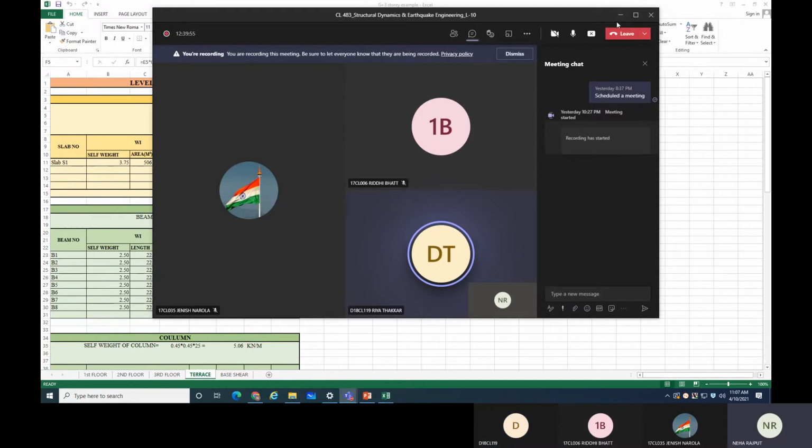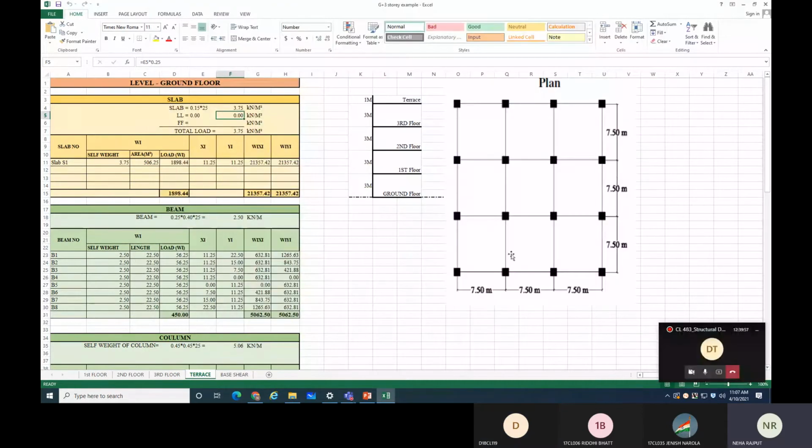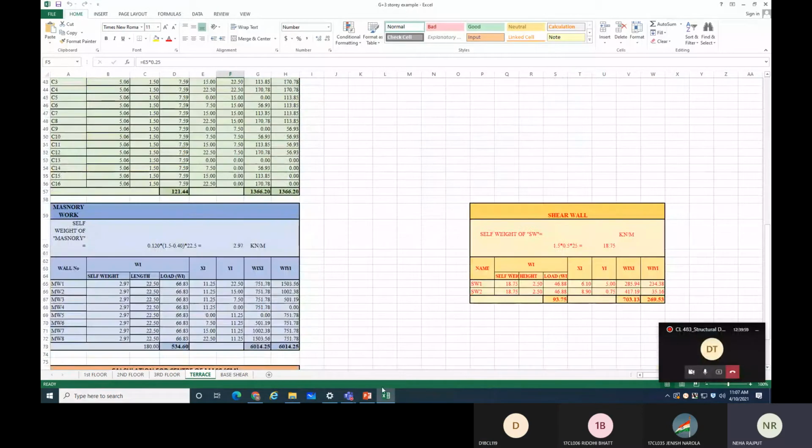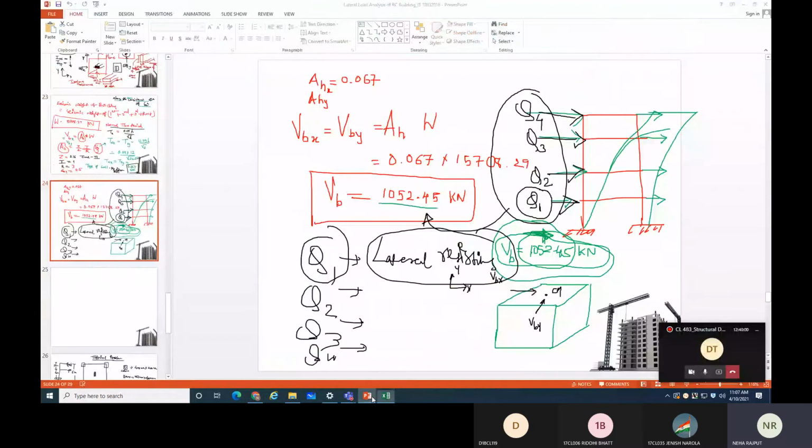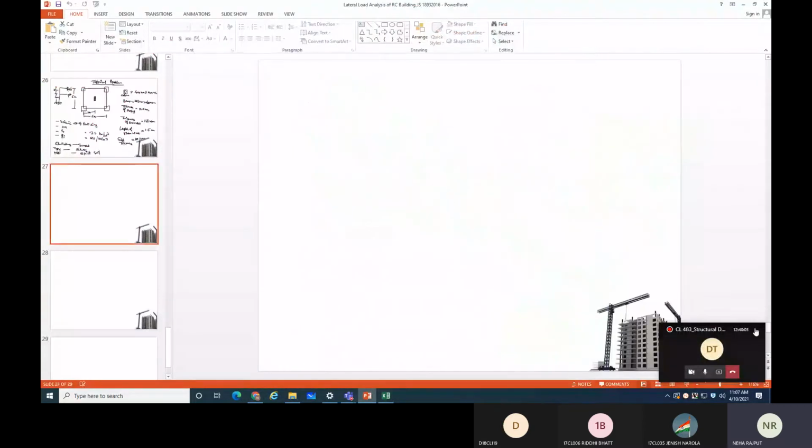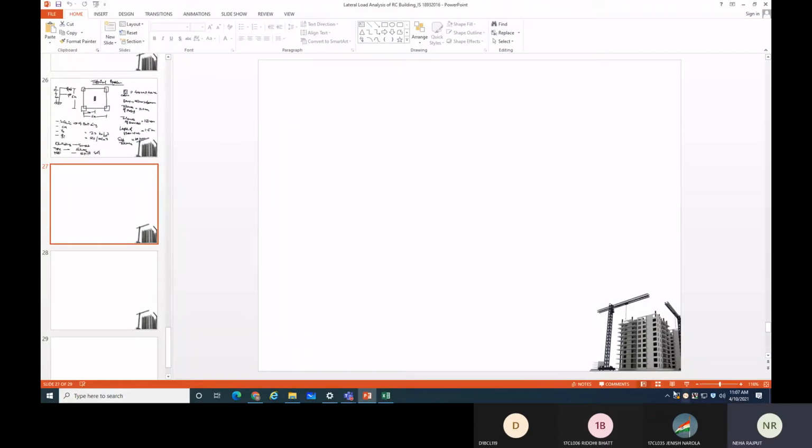Shear wall, in our case, the shear wall is not given, but if it is given, let me show you how you can do the calculation for shear wall. Suppose this is a plan of the building.